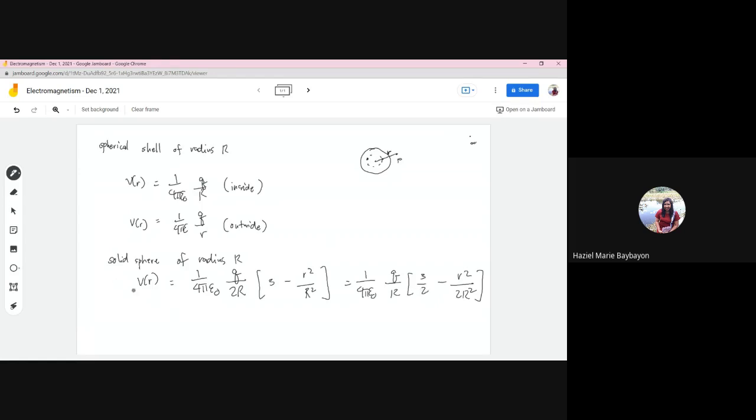So this is inside a solid sphere, and then outside it is just like that of the spherical shell. So it is equal to 1 over 4 pi epsilon naught Q over R. Okay.